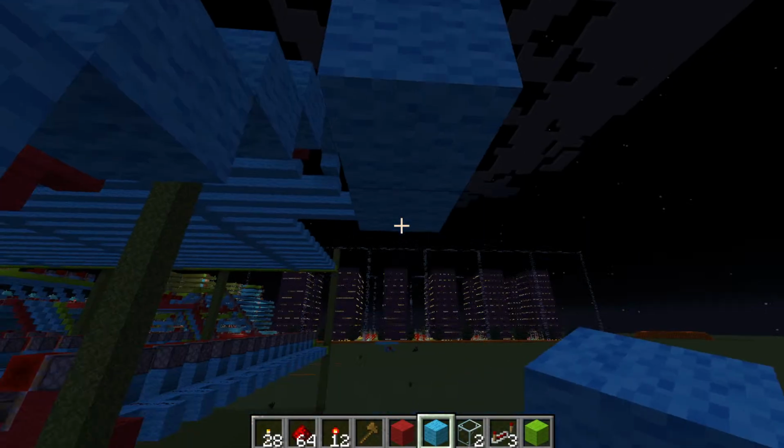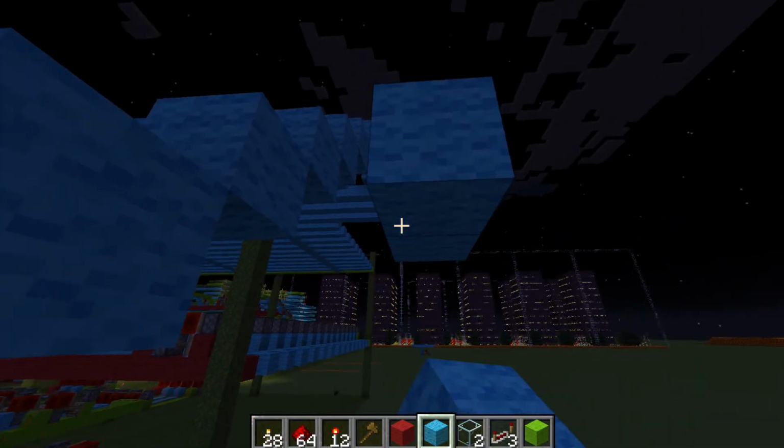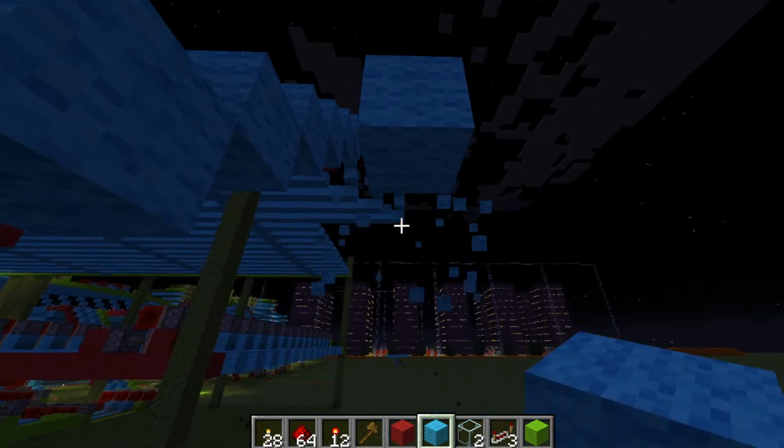So what I'm doing just now is really just trying to figure out how much space this whole junction is going to need, and then what kind of repeaters I can use.